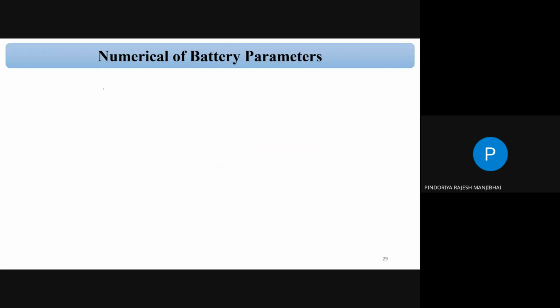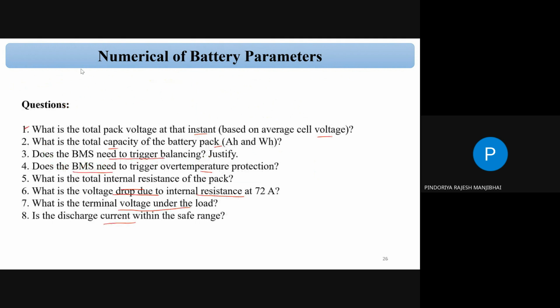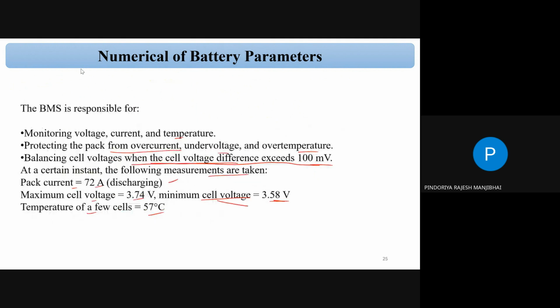Yes. The maximum allowable temperature is 55 degrees.